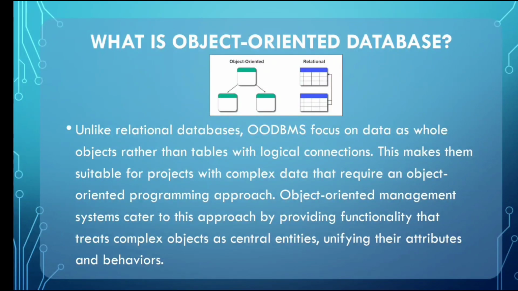So, unlike relational databases, OODBMS focus on data as a whole object rather than tables with logical connections. This makes them suitable for projects with complex data that requires an object-oriented programming approach. Object-oriented database management systems cater to this approach by providing functionality that treats complex objects as central entities and defines their attributes and behavior.